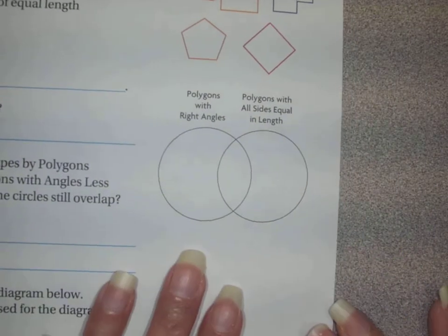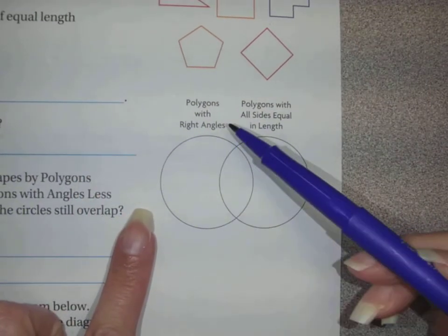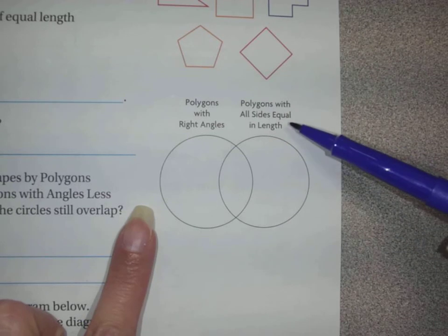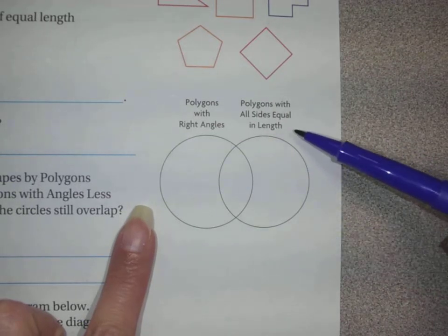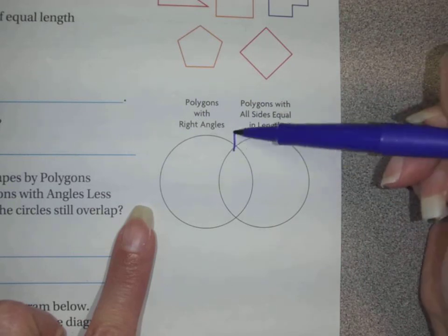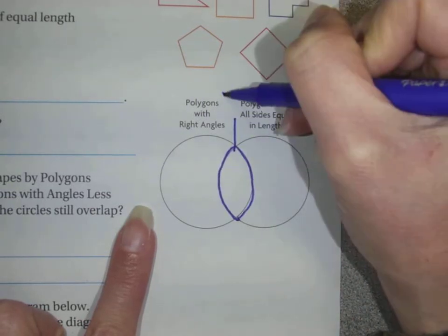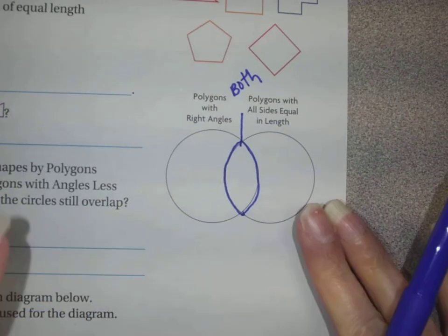Okay? So in our Venn diagram right here, this circle represents polygons with right angles, and this circle right here represents polygons with all sides of equal length, and this right here in the middle would represent polygons that are both polygons with right angles and polygons with all sides of equal length.